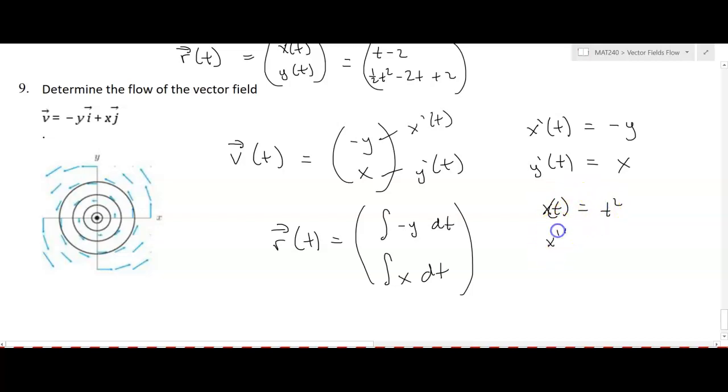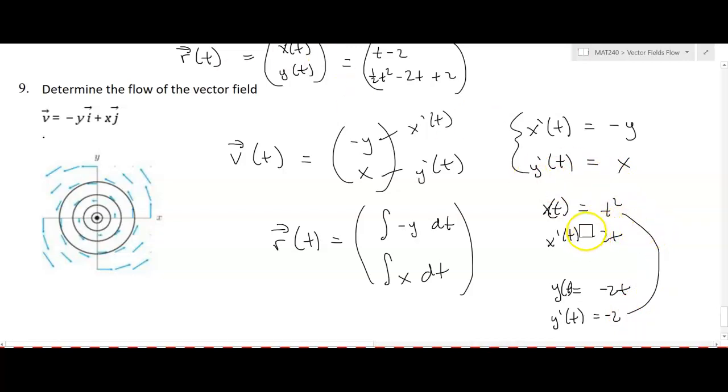Well, the derivative of t squared is 2t, but the restriction must be that that equals the negative of y. So in that case, y would have to equal negative 2t, because x prime of t equals the opposite of that. But then my y prime of t here would be equal to negative 2, and by this statement, the derivative of y has to equal x, but I clearly see that those two things don't equal each other.